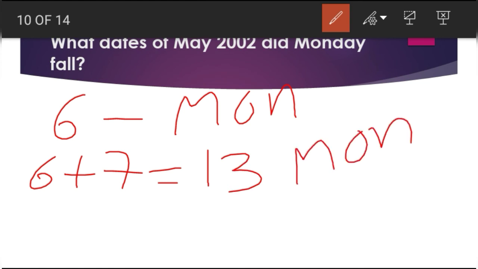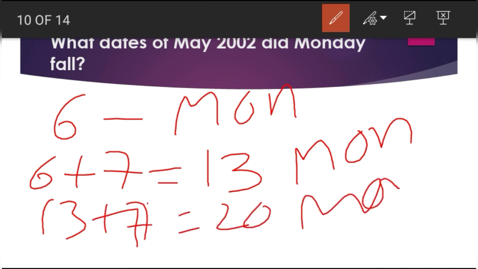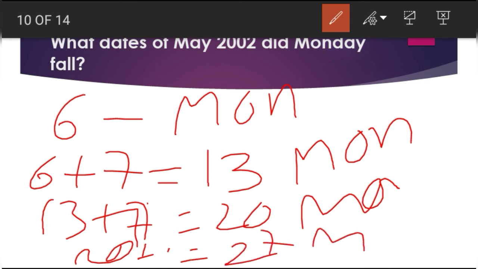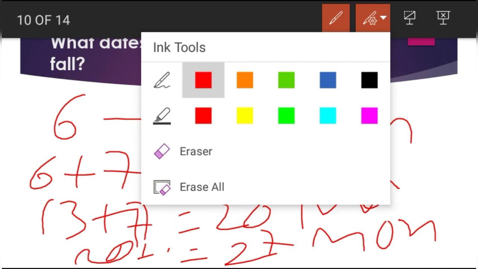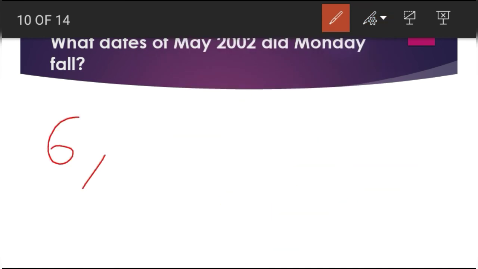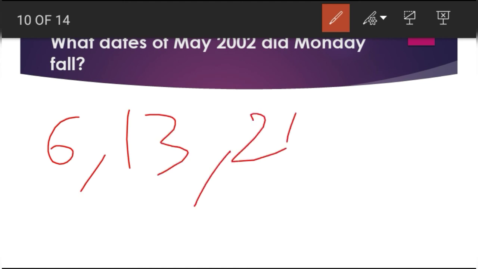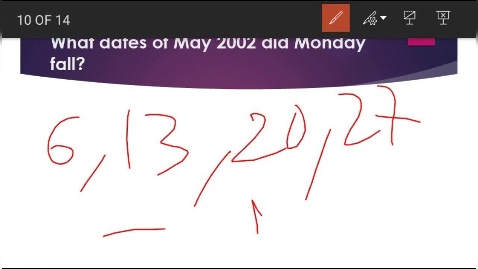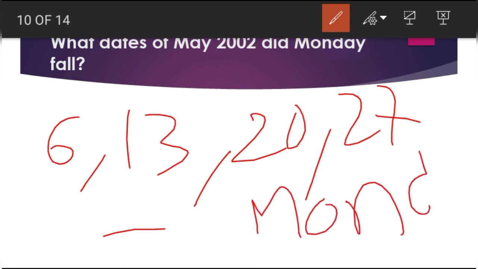Then 13 plus 7 is 20, and the 20th is also Monday. Then 20 plus 7, 27, is also Monday. So we can conclude that 6th, 13th, 20th and 27th, these 4 days are Mondays in the month of May 2002.